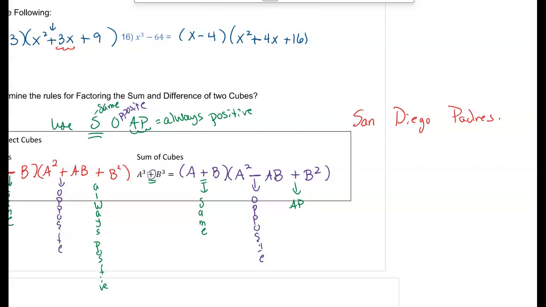When we're working with our binomials and trinomials, the San Diego stands for the same. So if it's addition, it goes addition, so that's our same sign goes here. Diego means use a different sign. So do the opposite. So instead of saying opposite, they just say what instead? Different. And then for Padres, this means what? Positive. So this would be your different sign, and then this one would always be addition.